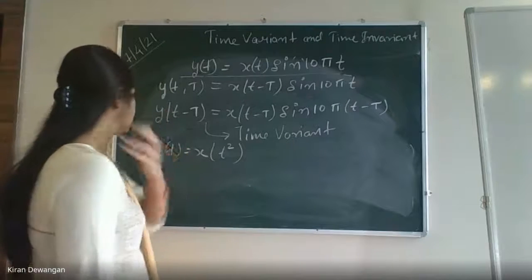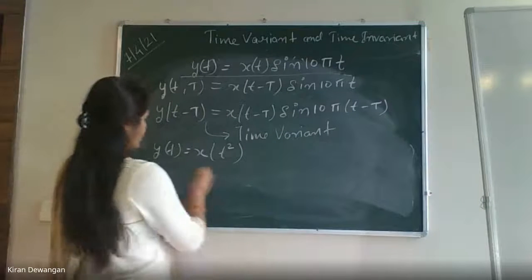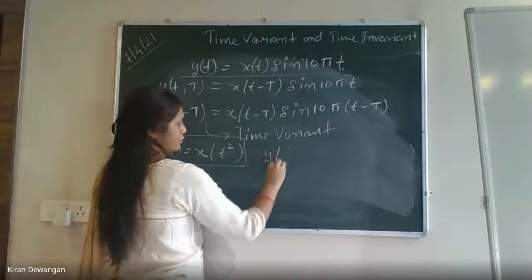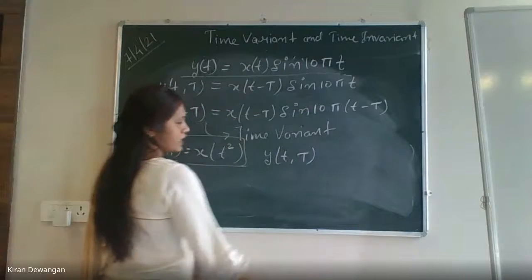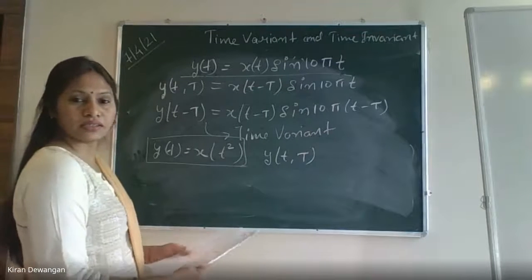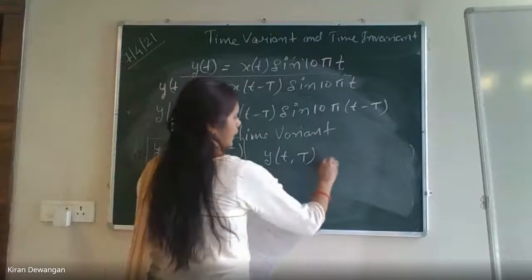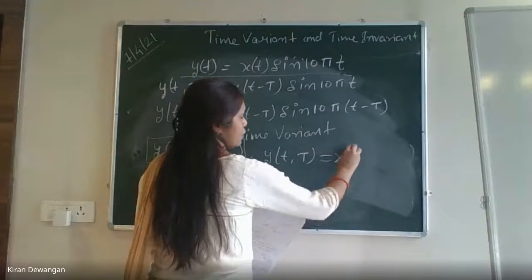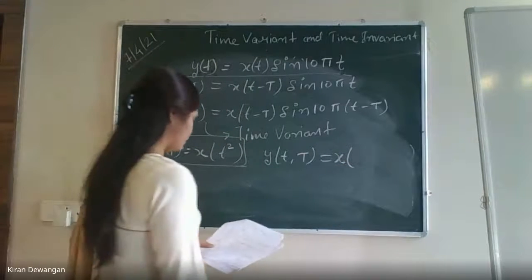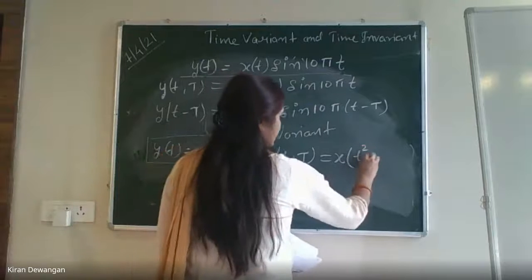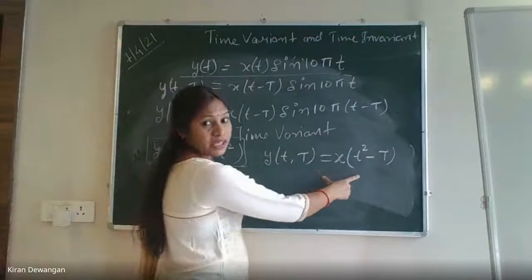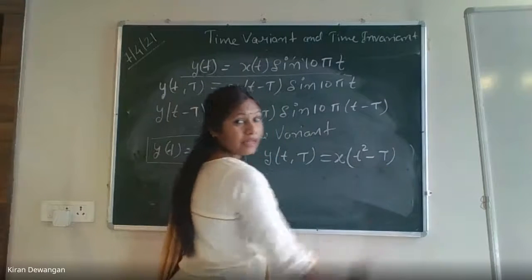If we have to calculate, this is y of t, x of t square. Now if I have to find y of t with delay in the input, it can be written as x of t square minus T.